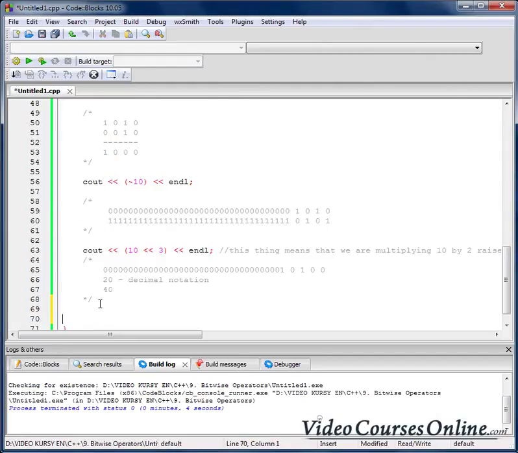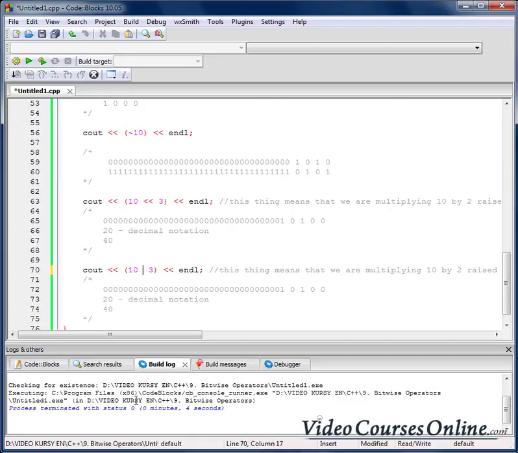Okay, so if I'm doing it the other way, so that we are dividing 10 by 2 raised to something, let's divide by 2 raised to the power of 1. So I am dividing 10 by 2, so the result should be 5. This time we are moving it the other way, so this thing will be changed to what? 0, 1, 0, 1.